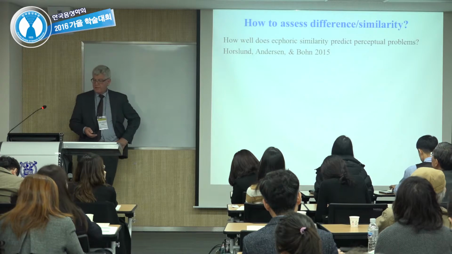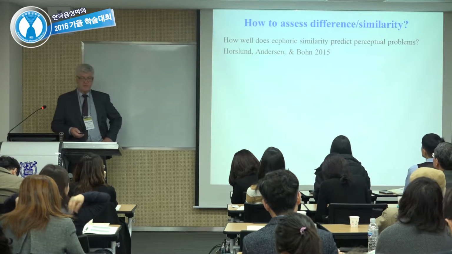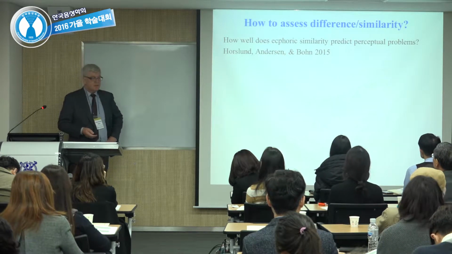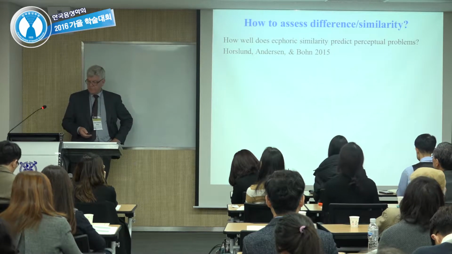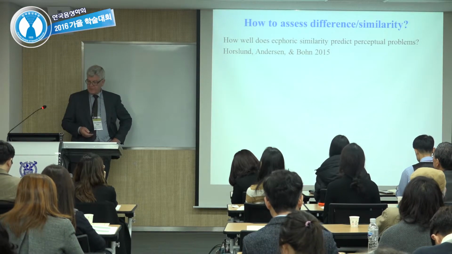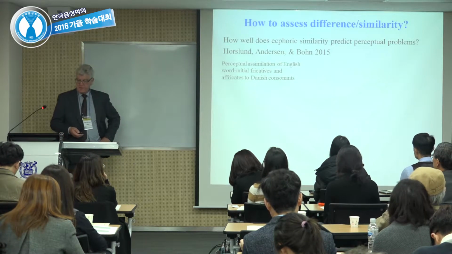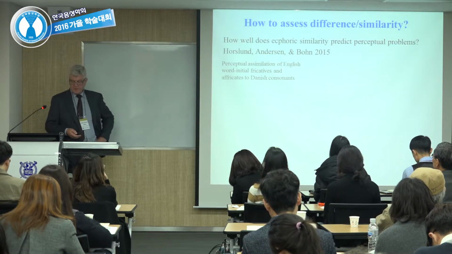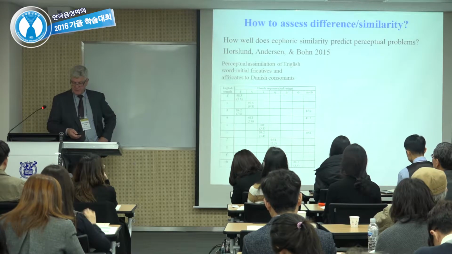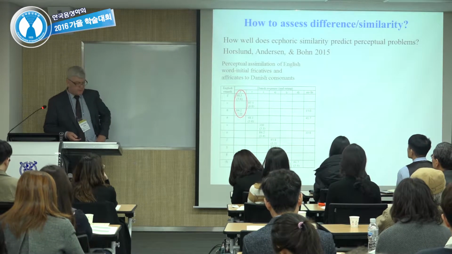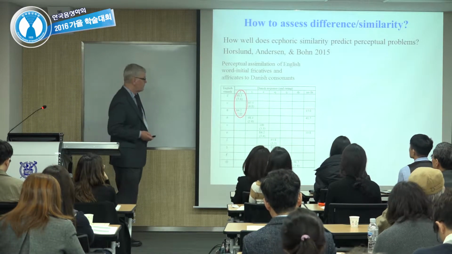So, how well does phonetic similarity predict perceptual problems? Here's a study that I conducted with two students, presented at the last ICPhS in Glasgow, where we looked at the perceptual assimilation of English word initial fricatives and affricates to Danish consonants. And what you see here is something that could be a slightly familiar problem.